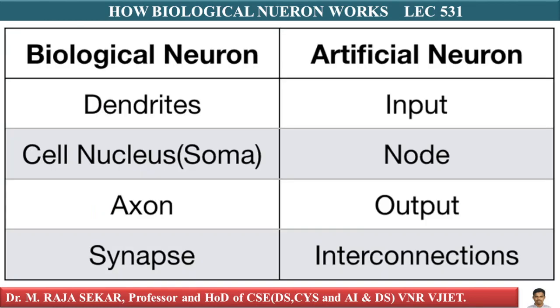If you observe, in a biological neuron, dendrites are similar to inputs in an artificial neuron. Axon in a biological neuron is similar to output. Synapse is similar to interconnection. Cell is similar to node, isn't it?